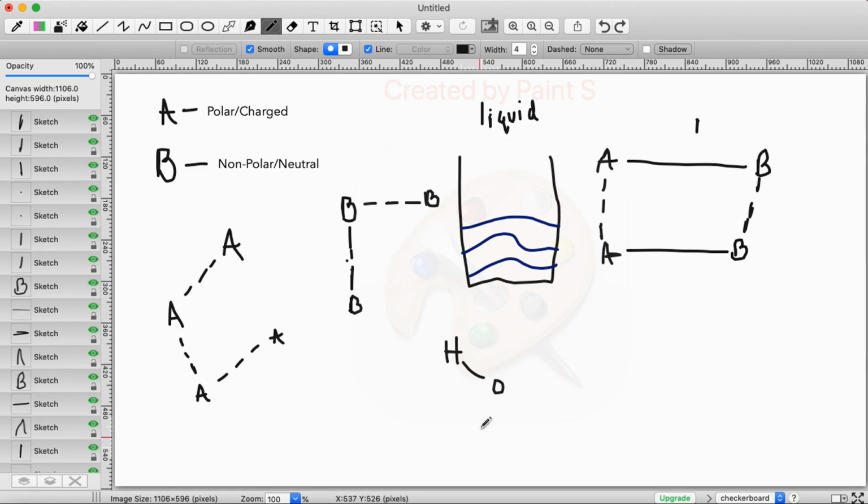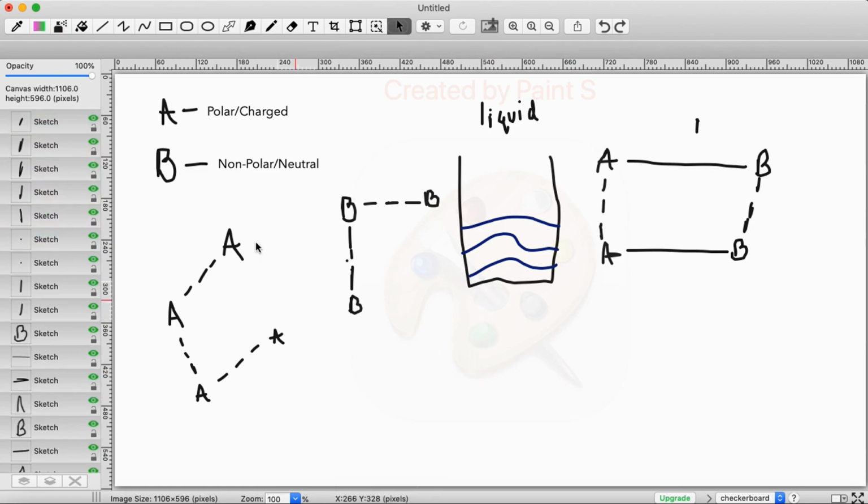A to A. This doesn't necessarily mean all of the A's are the same molecule. They could be different molecules. What matters is that they're polar. So A to B and A to B, and if you have different ends, you can have interactions.